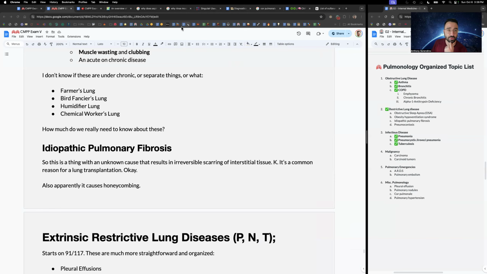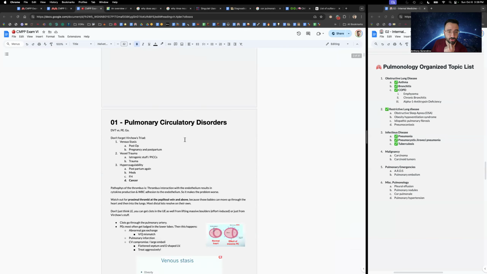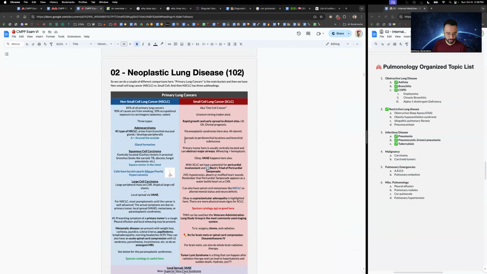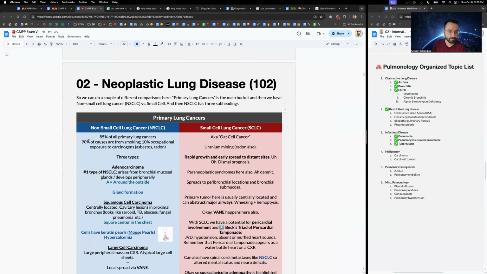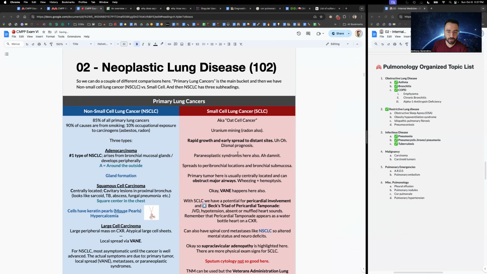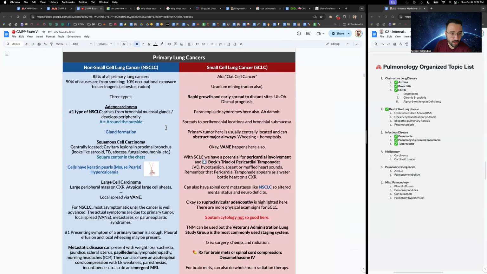I guess we could knock out malignancy real quick. That was on this. I think the big thing for this is non-small cell versus small cell. Small cell is going to be oat cell cancer. 85% of all primary lung cancers are going to be non-small cell.